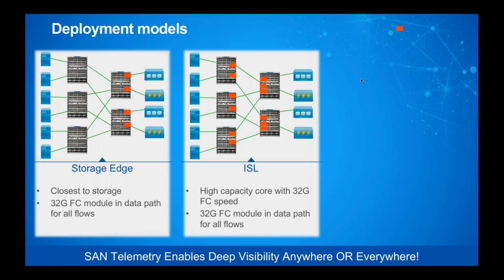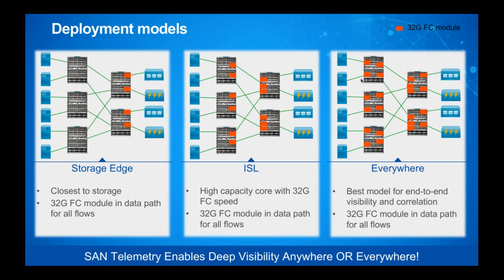And because these new modules also provide you the highest speed of 32 gigabit Fibre Channel, you use double the speed along with the deep visibility into your traffic. Or the third option, which I would say is the best, is deploy everywhere. But guess what? You don't really have to do that, right? And this is the point I want to convey here, that the flexibility is so that you decide where you want to enable the solution and when you want to enable the solution.